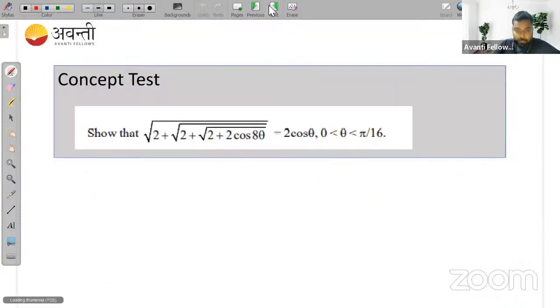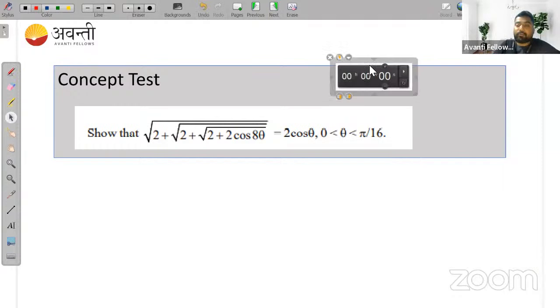Okay, so let's move. Here another concept test you have. For this concept test, you have 1 minute. Just I am giving you 1 minute for this question. Solve it. Prove ना, prove करना पड़ेगा.